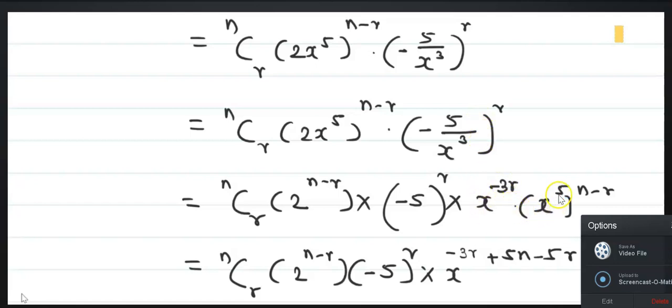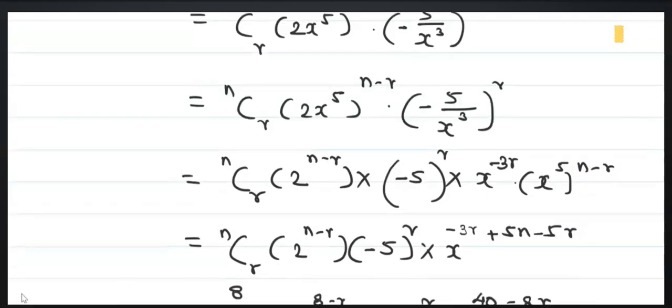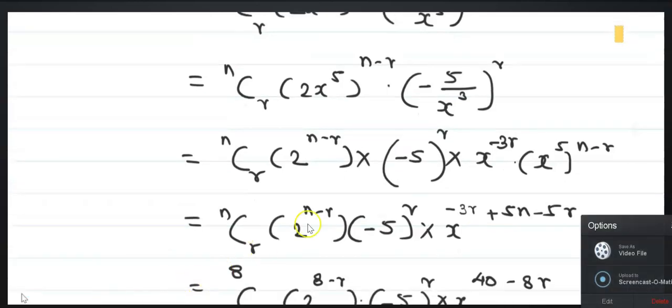Now here (x raised to 5) bracket raised to n minus r, then you will get 5n minus 5r. Now we will simplify here. See this, the next step, that is nCr 2 raised to n minus r, minus 5 raised to r, x raised to minus 3r plus 5n minus 5r.